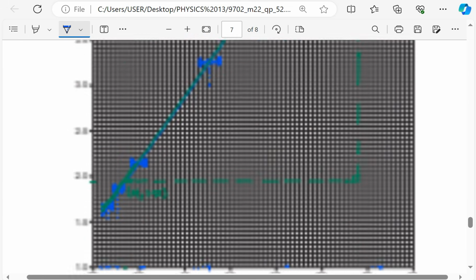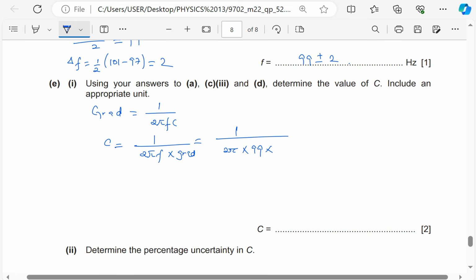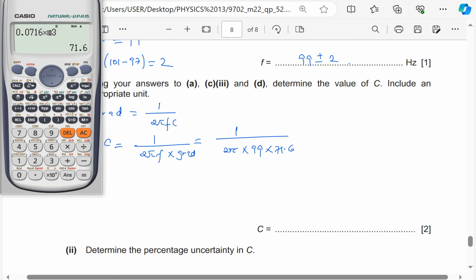Okay, so this is 71.6. So I'll just press my calculator: 1 divided by open brackets 2 pi times 99 times 71.6.